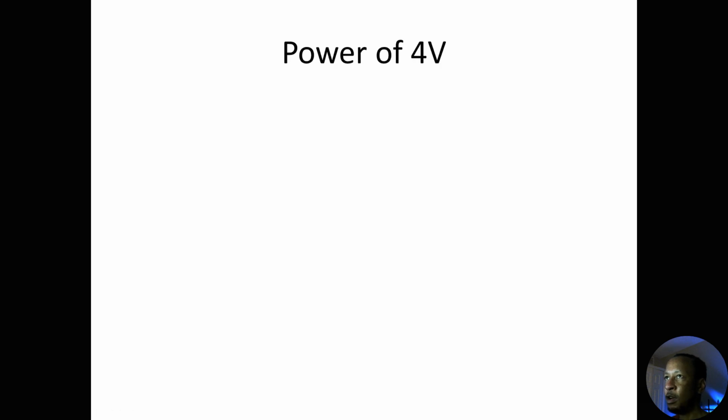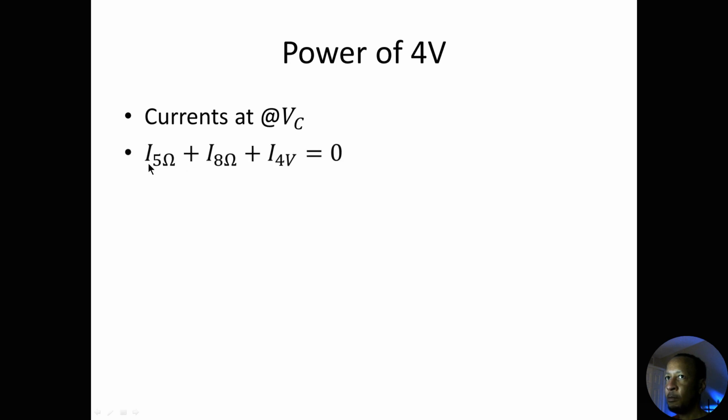So next, the power of the 4-volt voltage source. So the currents at VC are going to be I of the 5 ohm plus I 8 ohm plus I 4 volt equals 0. And so we have VC minus VB over 5 plus VC minus VA over 8 plus I 4V equals 0.